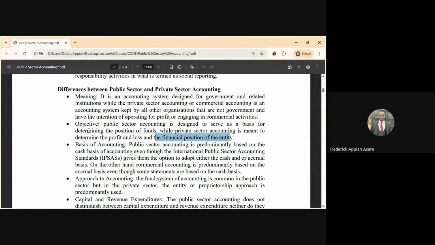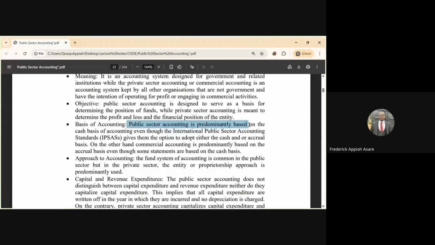So these are the two different objectives between the public sector and the private sector accounting. The private sector accounts are for profit or loss and the financial position, but the public sector looks at the position of funds.